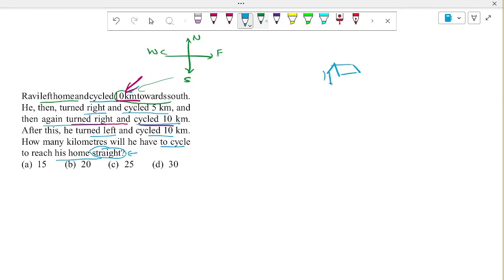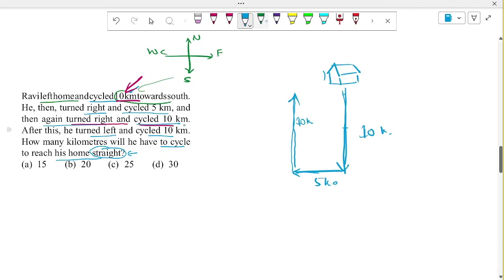This is his home. From here he is traveling. This is 10 kilometers. From here 5 kilometers. Just try to draw half of this, because later when you are finding the distance, you should not face difficulty. After this he is going to turn right and travel 10 kilometers.